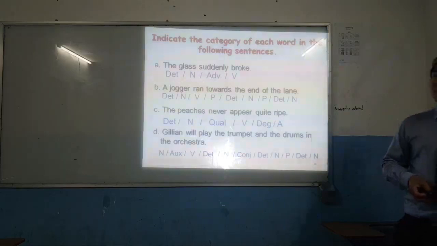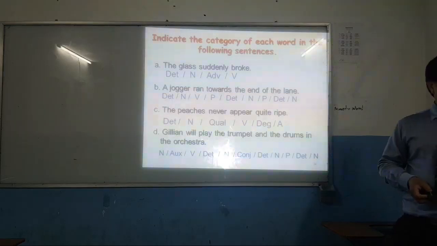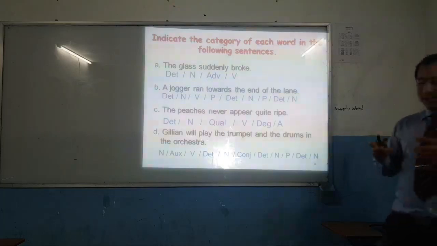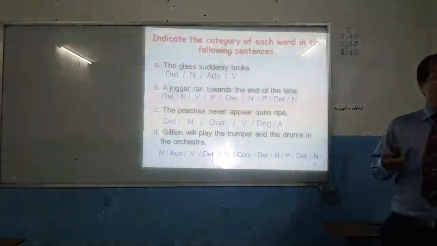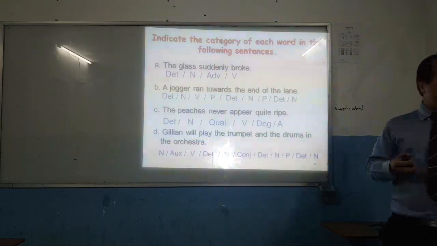But if you have never used it, you may go through at least four or five processes. If people ask you, where do you go, in English, the first one, you need to think about the question. You need to translate it into Khmer. And then you need to find the answer in Khmer. Then try to translate each word into English, or find each word that can be matched with the Khmer language.